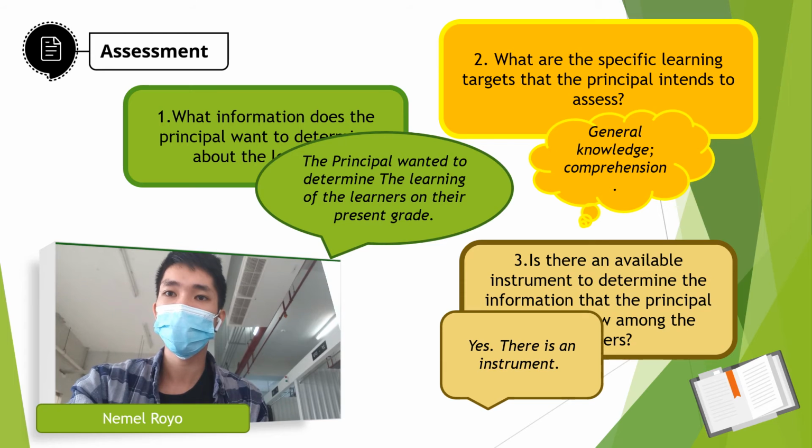Just like when I said, if they are beginner, intermediate, or advanced. This is for the teachers or the school to give accurate strategies in order for the learners to learn more knowledge from the school.